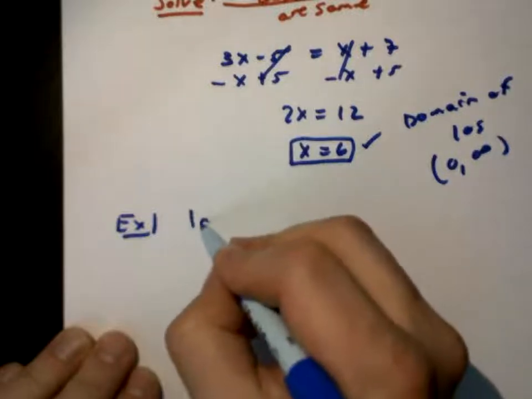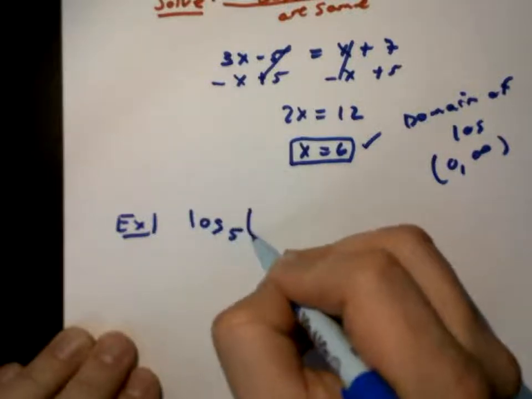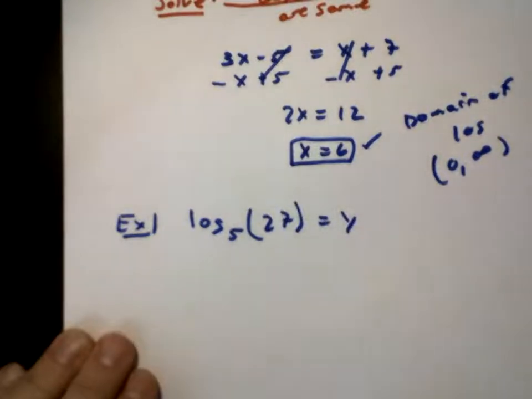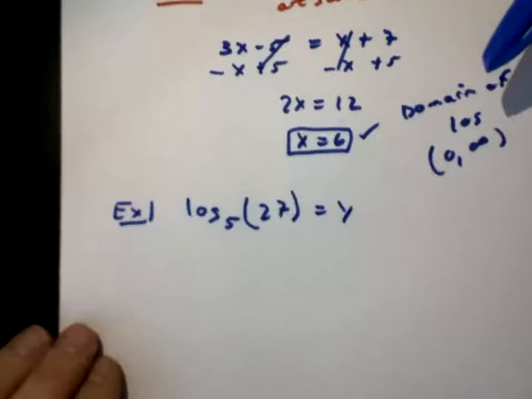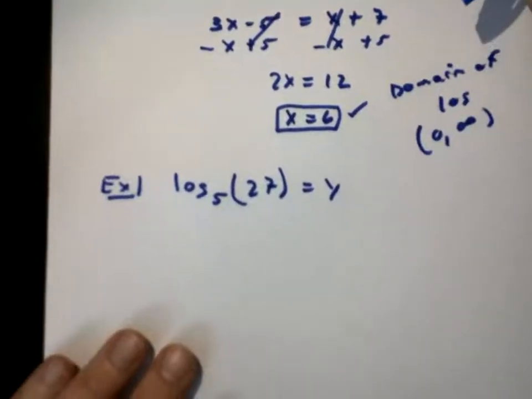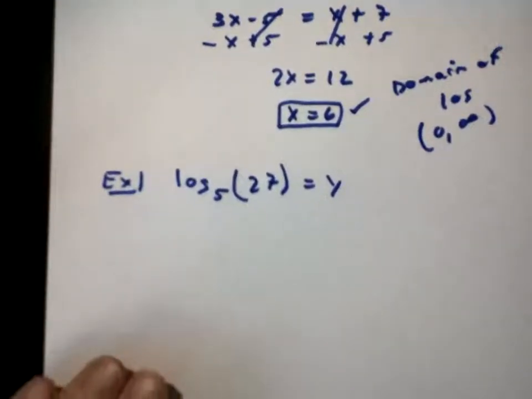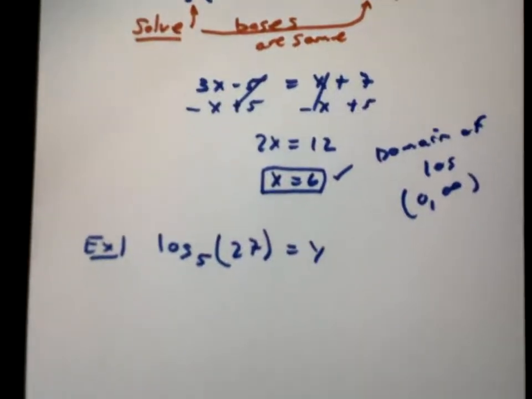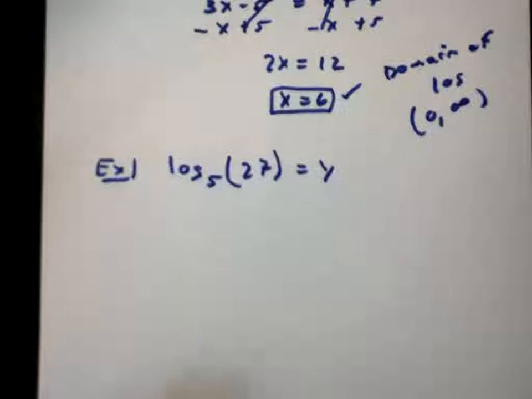What if we had log base 5 of 27 equals some value y? Now, you're probably thinking, well, we're not going to set these equal to each other. We don't have two logs on both sides. That's fine. But we want to get the value of y.